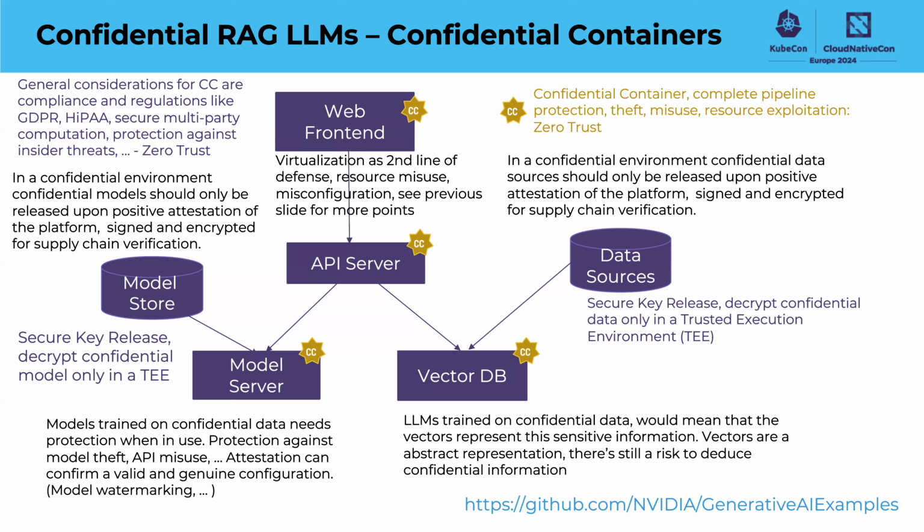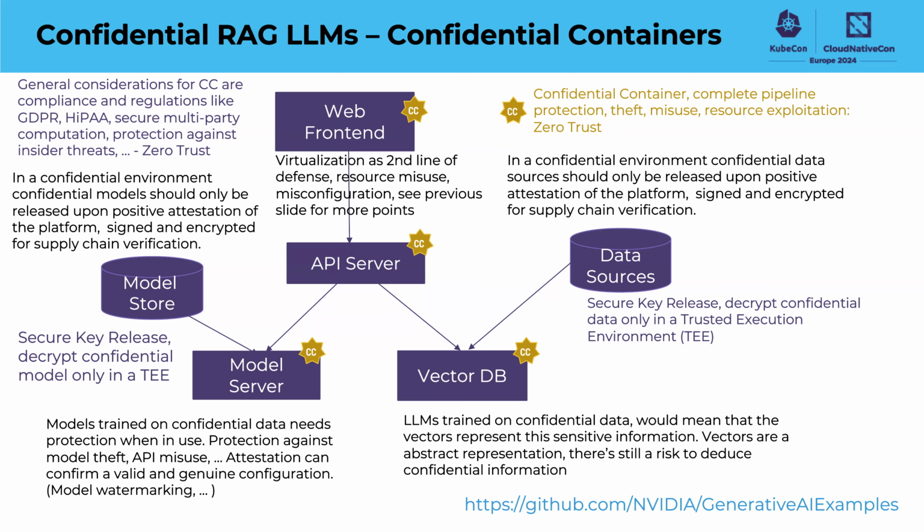It's obvious that we want to protect our model, the vector DB, and our data sources, where we can use secure key release to decrypt confidential data only in the trusted execution environments. We want to protect the API server from injecting any malicious response requests, and the web frontend would need some kind of attestation that where the requests are going to are valid, and all of my sources like the model store and vector DB are in a state that I'm expecting.